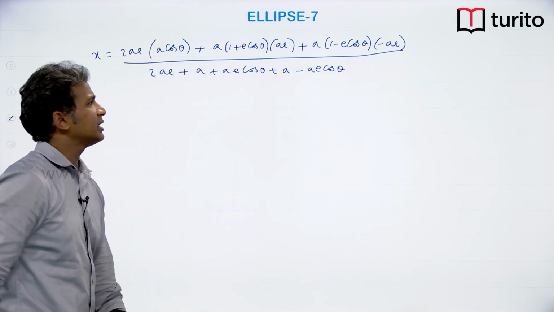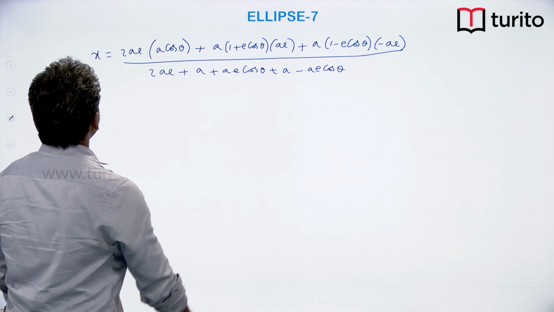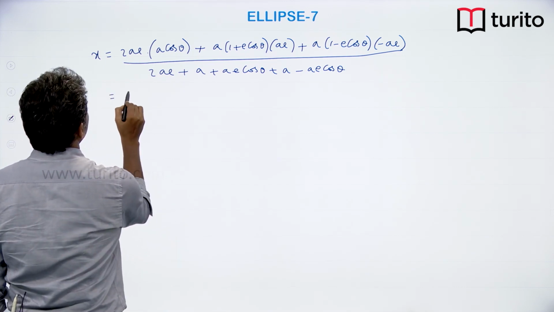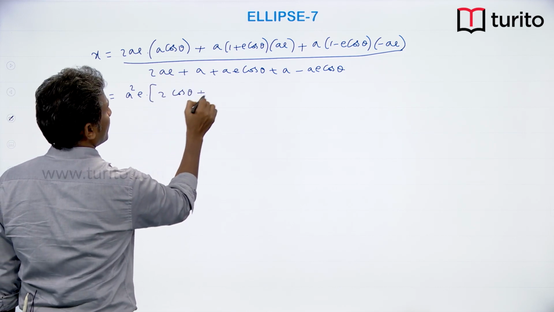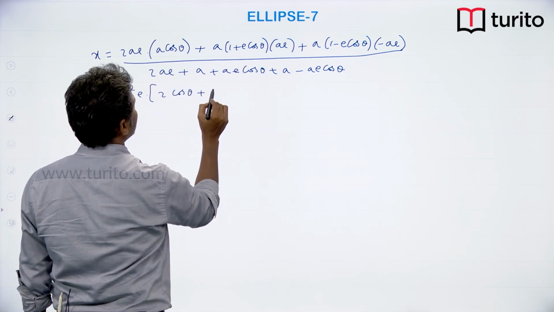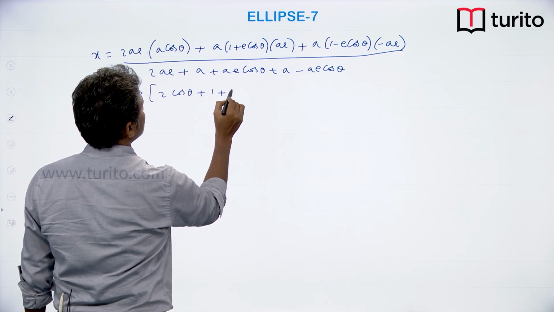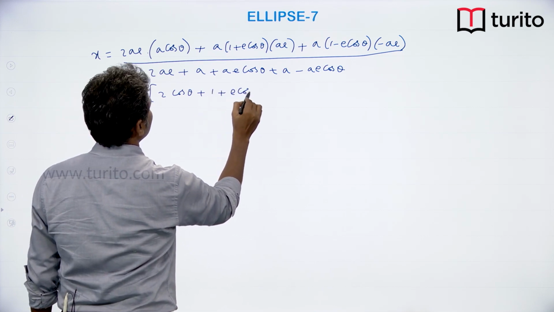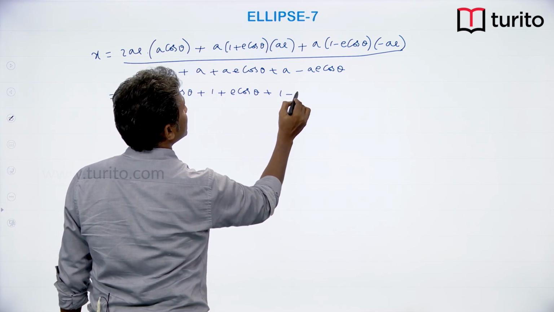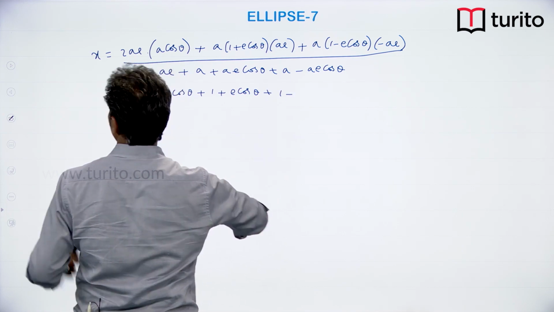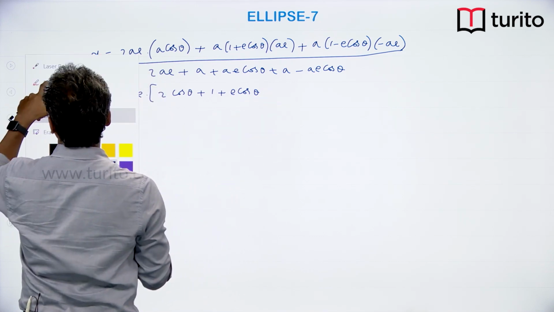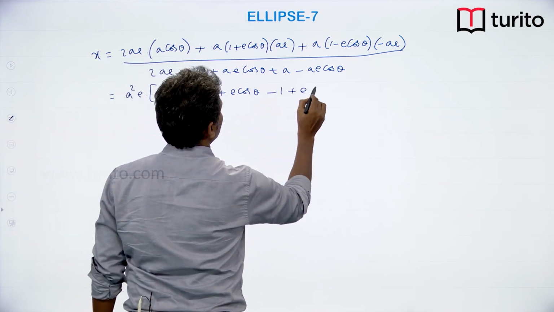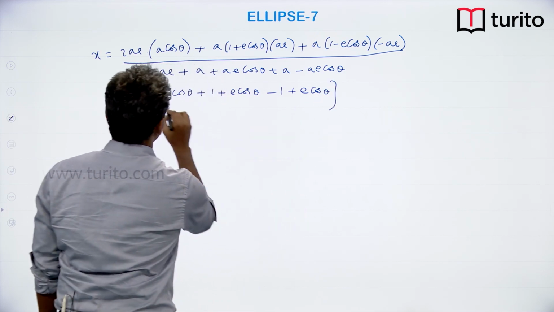Now, let us just simplify this. So, what do we get here? We get A square E common, we get 2 cos theta here, and here we are getting (1 plus E cos theta), and here (1 minus E cos theta) with a minus sign.